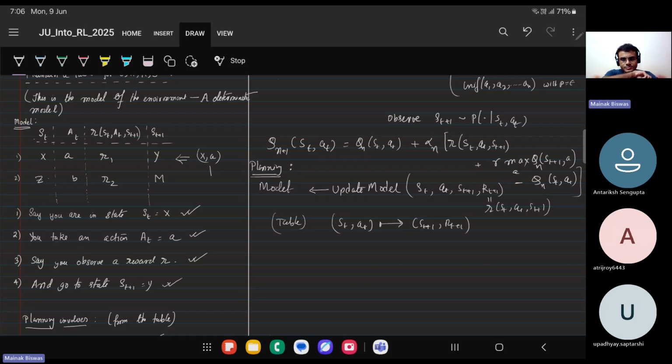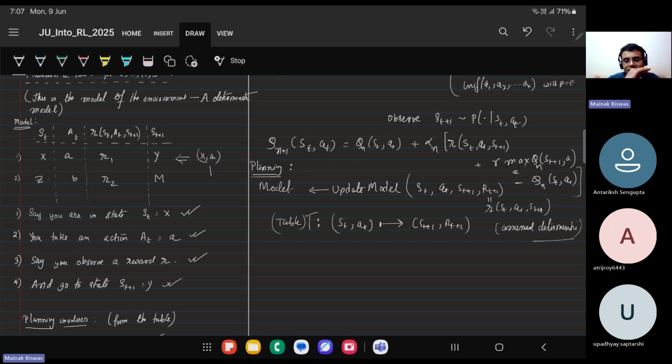This table maps to this and it is assumed deterministic. Fine. A table is again a function at the end of the day. It's a mapping. Questions?